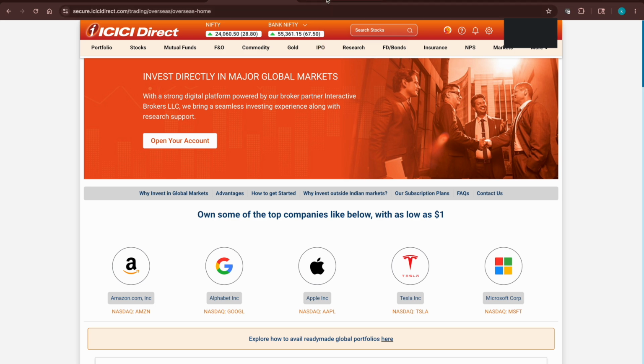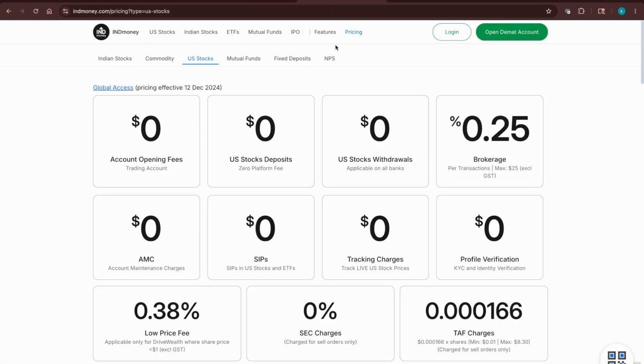The third option that you have, which I've seen recently come up, maybe the first one that focused just on the US market and the international markets, is INDmoney. I have not used this one, but it seems pretty interesting. On the options they have, they may be a little bit more expensive than the other ones because they're charging their brokerage based on the percentage of the purchase amount, things like that.